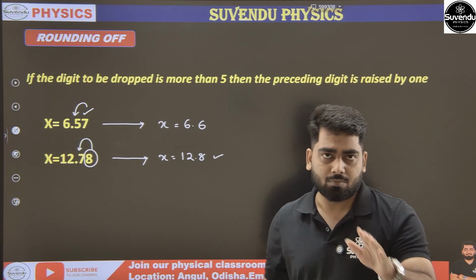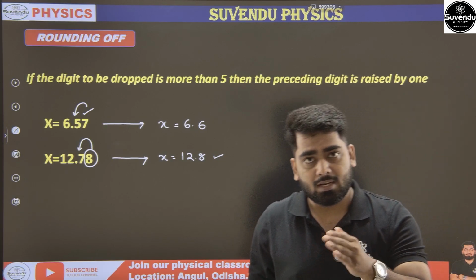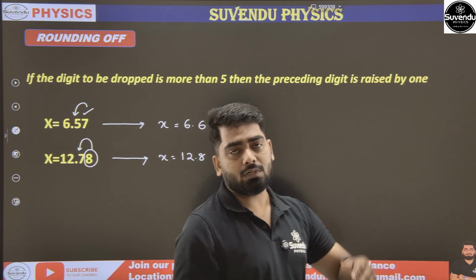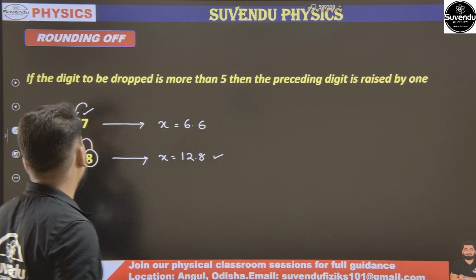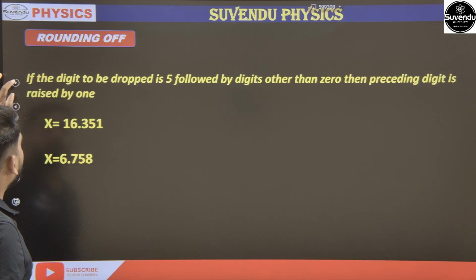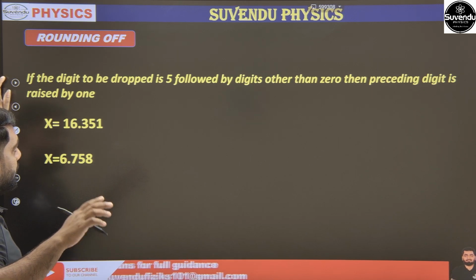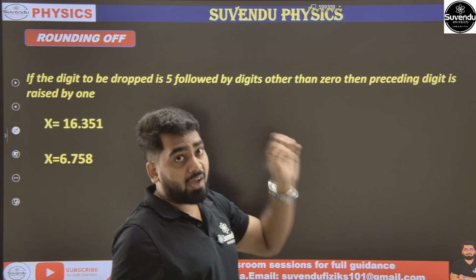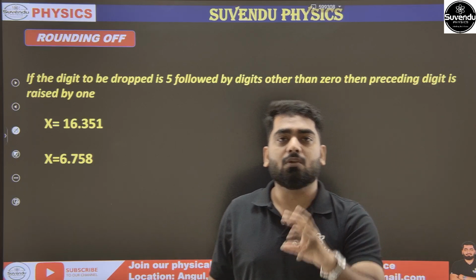If the digit to be dropped is less than 5, the preceding digit is left unchanged, and if the digit to be dropped is more than 5, then the preceding digit is raised by 1 unit. Next rule: if the digit to be dropped is 5, then we have to focus upon 3 rules.